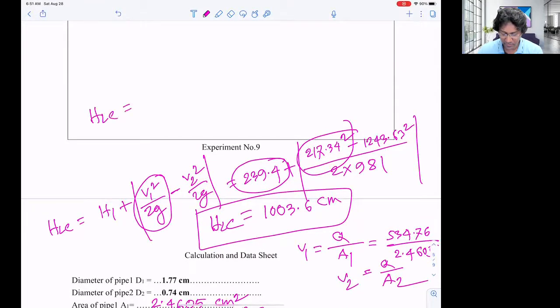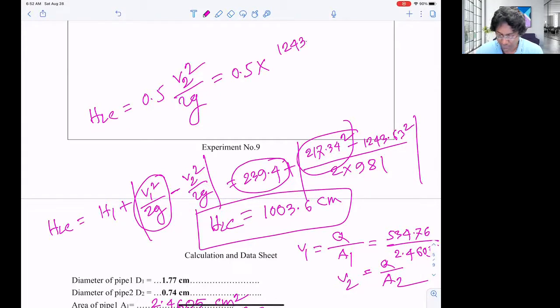HLC is equal to 0.5 V2 squared divided by twice G. Okay, we'll use that formula. So 0.5 multiplied by 124 3.63 squared divided by 2 into 981.